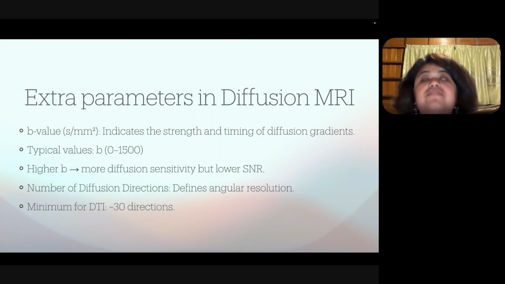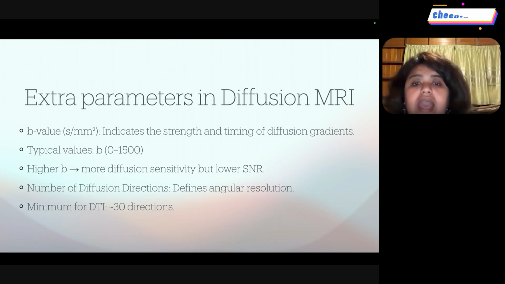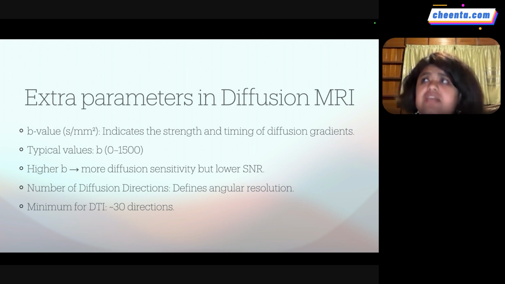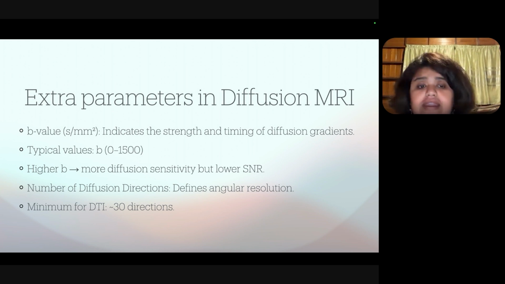And we also have the number of diffusion directions. Just like you have to have the strength and timing of the diffusion gradient, you also need to know in how many directions the water molecules are flowing, and how many directions should be good for your data.